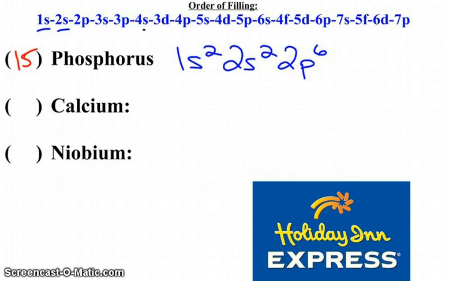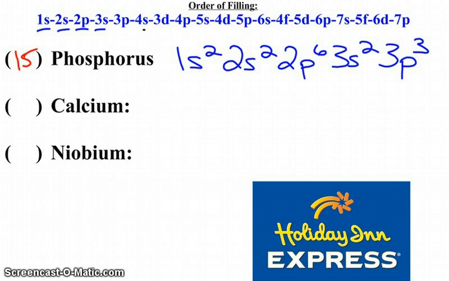So we have 10 down, 5 more to go. After 2p is 3s. 3s can have 2. That makes 12. Next up is 3p. 6 is the maximum, but I only need 3 to get to the 15. So that is the electron configuration for phosphorus, following the order of filling and using those guidelines for the maximum amount in each sublevel.